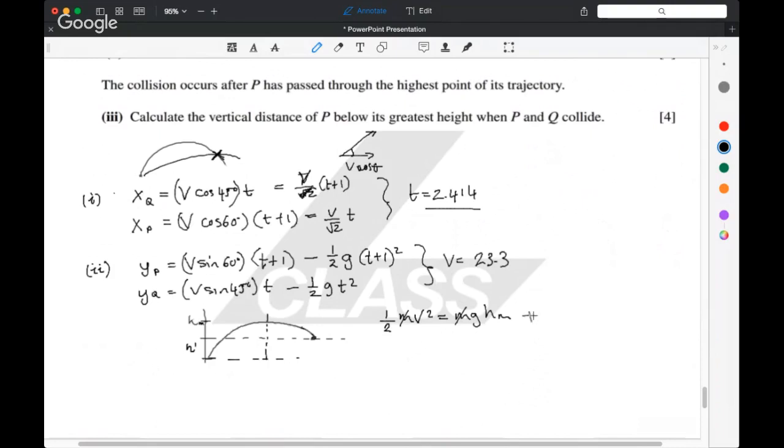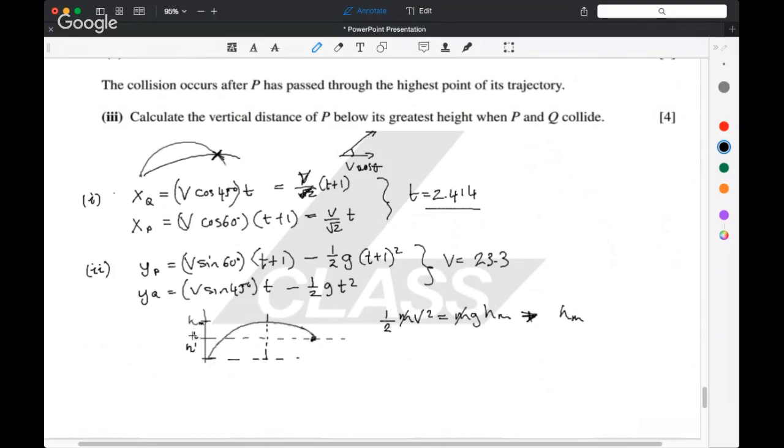From this we can get H max. And then we can just look at our previous expression for what the y coordinate is at this point.